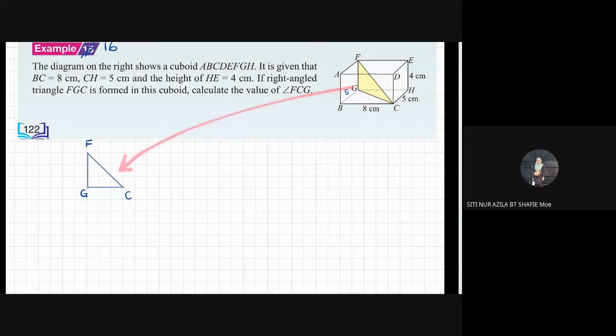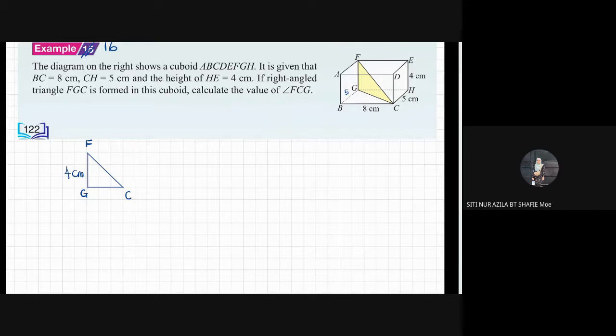Now look up the values given in the question. Do we have the length for FG? Yes. FG is the same length as EH, which means FG is equal to 4 centimeter.